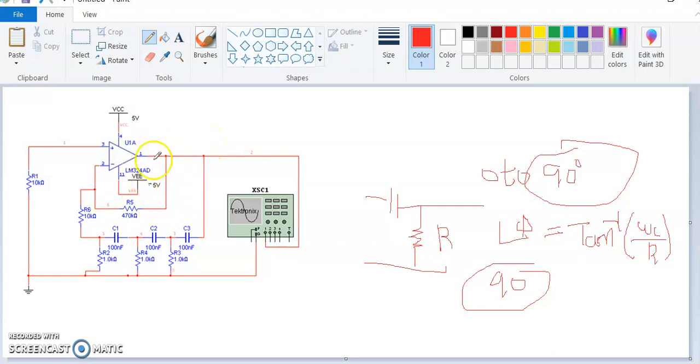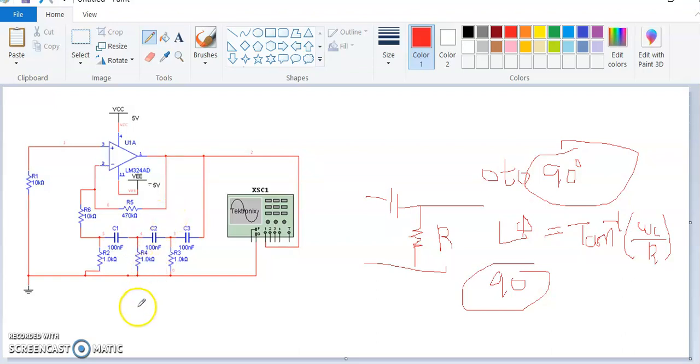So this op amp will work as an amplifier here. This is an RC phase shift oscillator circuit. This RC combination will provide the signal. This signal is amplified by our active element, the op amp, so we will get the output as a sinusoidal signal.